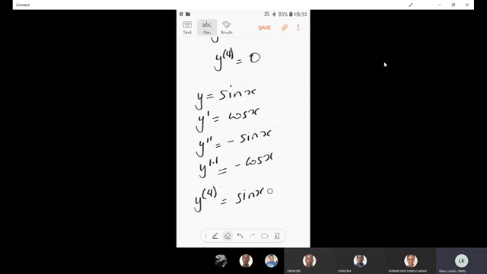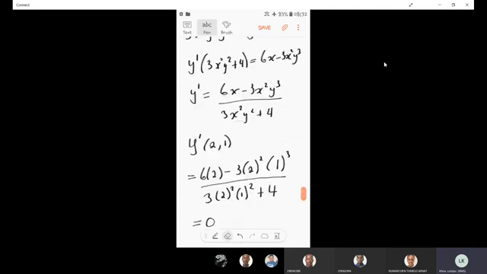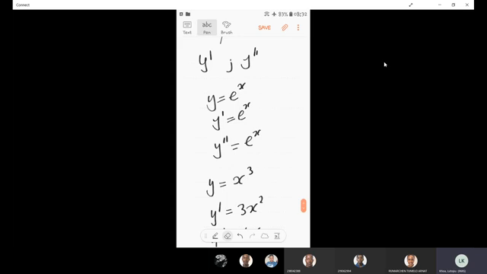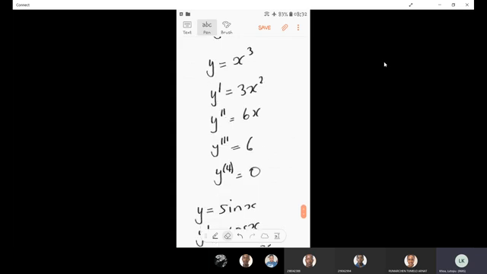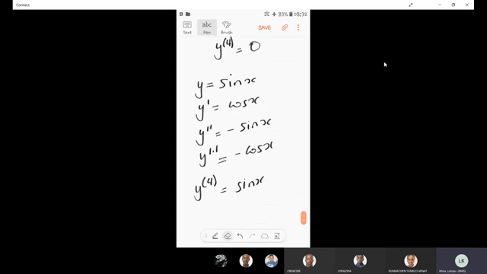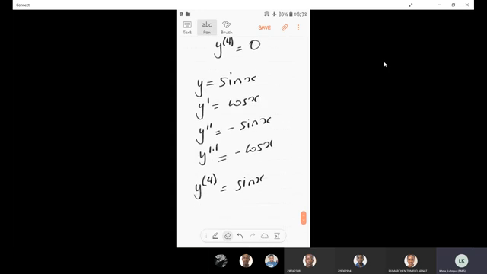When I differentiate sine x, I go here, there, there, I'm back here, then it's like a loop. Okay, so you have some functions where the derivative is just constant, like that one there. Then other functions here where the derivative eventually gets to 0, and then some like this where it's a loop.